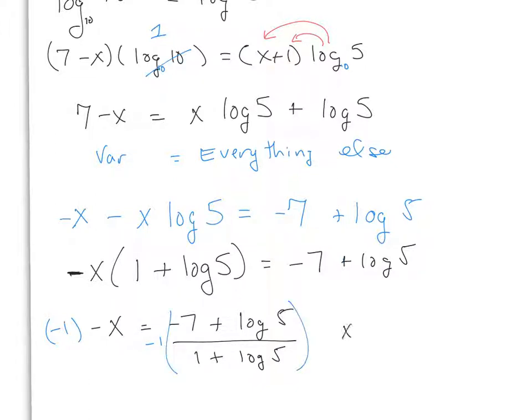I'm left with x is equal to, I'm going to choose to distribute that negative to the numerator and make that a positive 7 minus log base 10 of 5, and then the denominator just stays 1 plus log base 10 of 5.